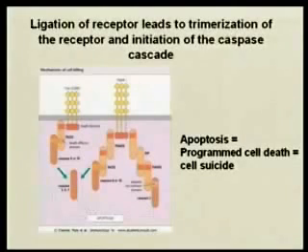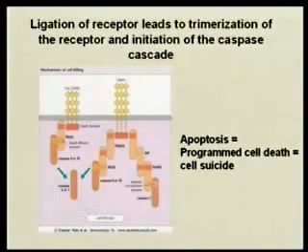Now again, the exact caspases here are not important for us for this lecture. However, what you need to know is that ligation of FAS by the FAS ligand on the cytotoxic T cell leads to activation of the caspase cascade and induction of apoptosis.